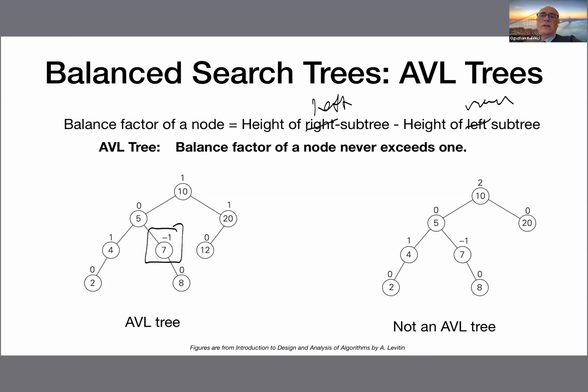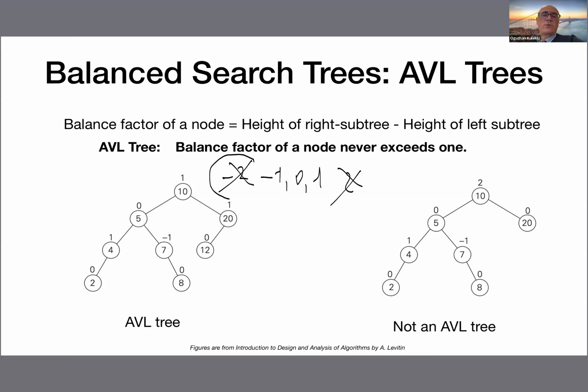What happens with the AVL trees is we do not want to allow any node to have a balance factor other than -1, 0, and 1. So we do not allow -2s and we do not allow 2s. Whenever a node gets a balance factor of -2 or +2, we will do something for that.